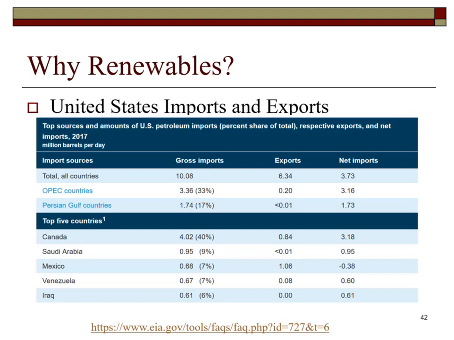About 79% of the gross petroleum imports were crude oil. In 2017, the United States exported about 6.3 million barrels per day of petroleum to 180 countries. About 82% of the total petroleum exports were petroleum products. The resulting net imports, imports minus exports, of petroleum was about 3.7 million barrels per day.